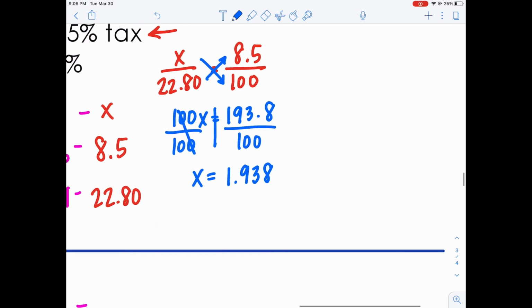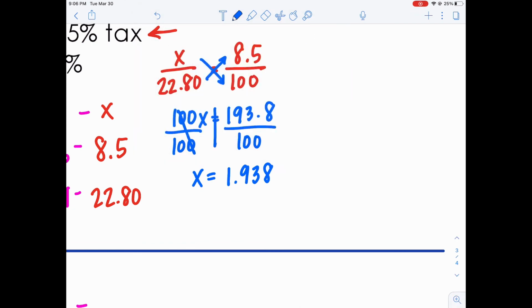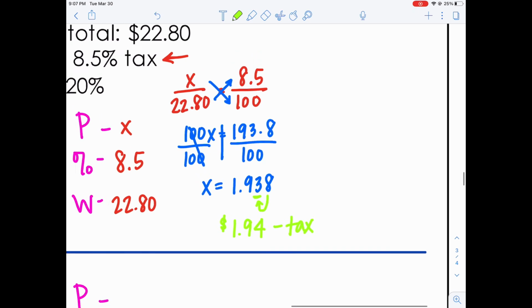Rounding correctly to 2 decimal places, the 3 is in the second decimal. The 8 tells the 3 to round up. So rounding this correctly, it is $1.94. That is the amount that I am paying in tax.